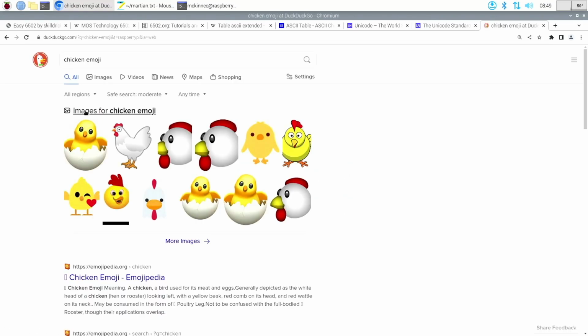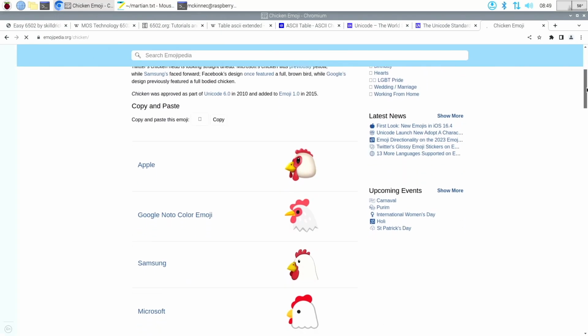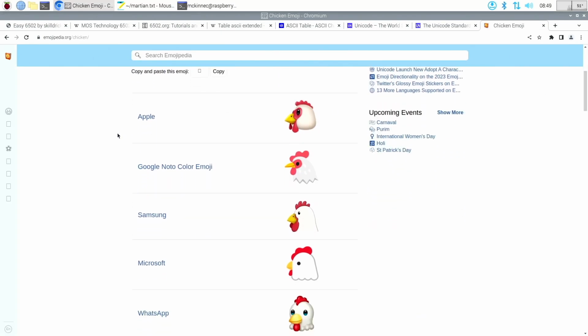And that means it's Chicken Tenders Day at Sparks. Okay. So if you put a chicken in on an Apple device, how is it going to look? It's going to look like that.